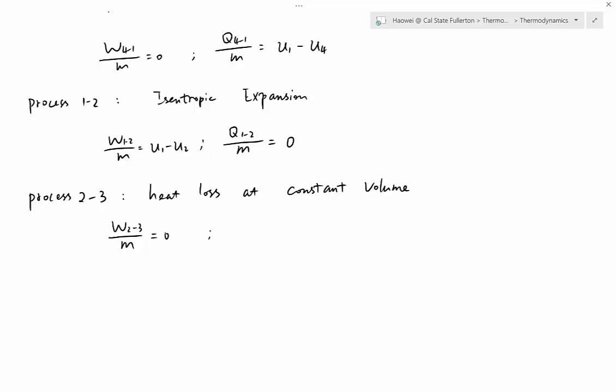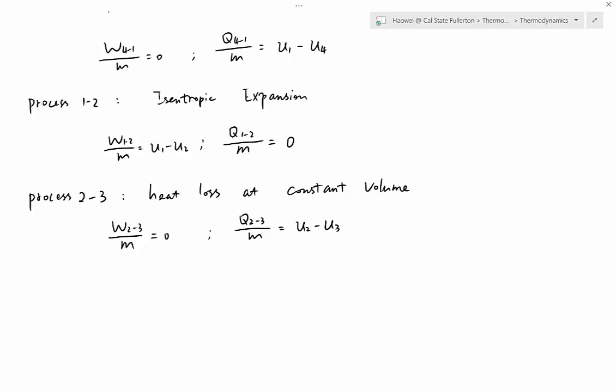I'm looking for heat transfer. What equation? First law. Make sure you use the short one again. Q23 over m equals u2 minus u3. Actually, if you use first law, the solution should be u3 minus u2, and that will give you a negative solution.